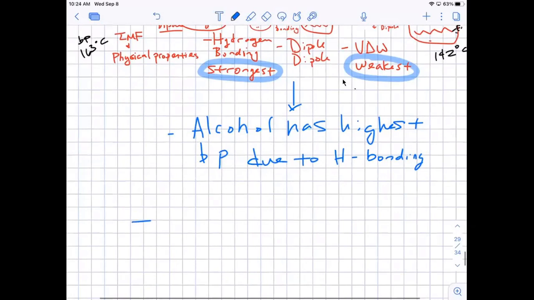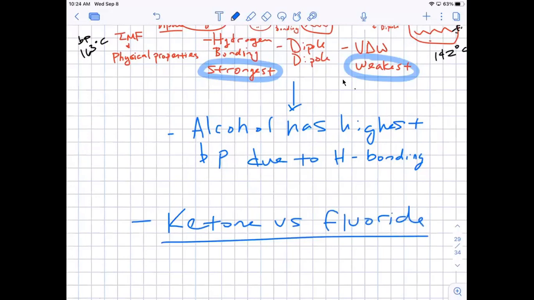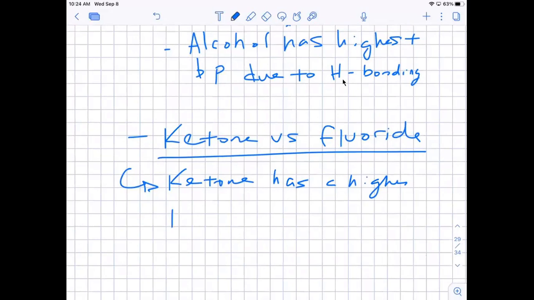And then we can say with the ketone versus the fluoride, the ketone has a higher boiling point due to a stronger dipole.